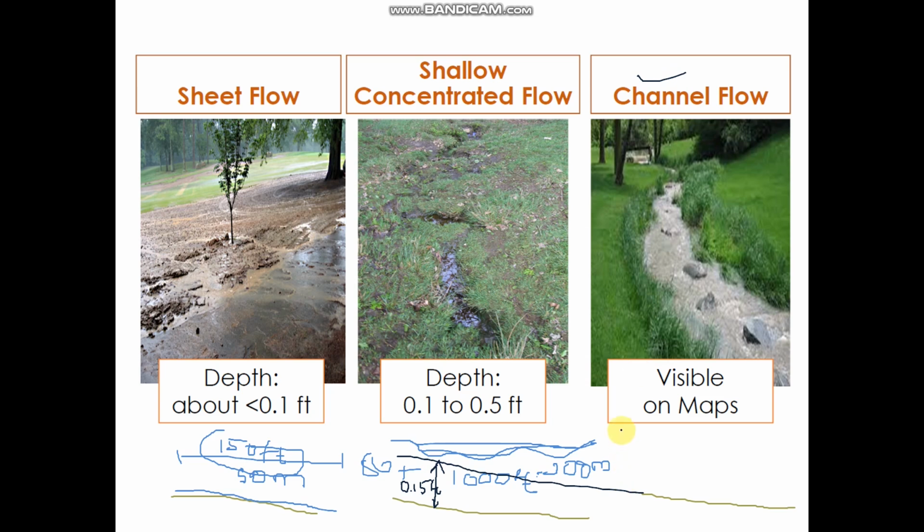Okay, especially for the shallow concentrated flow, we can apply the combination of sheet plus shallow concentrated flow when we have to compute the time of concentration of smaller catchments, say less than 5 acres of a plot or land parcel.